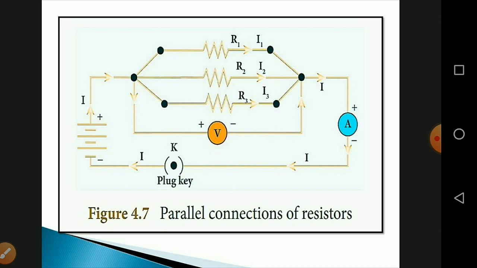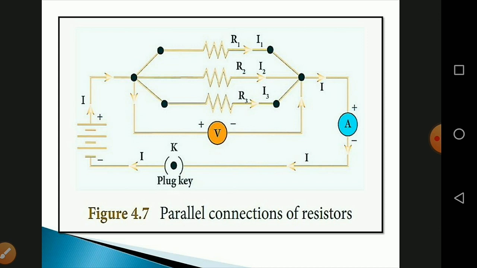So the current can pass through R1 as I1, and then R2 as I2, and then R3. These three resistors are connected in parallel, and then we connect it with the ammeter. Next, consider the three resistors R1, R2 and R3 connected across two common points A and B. The potential difference across each resistance is the same and equal to the potential difference between A and B. It is measured using the voltmeter.